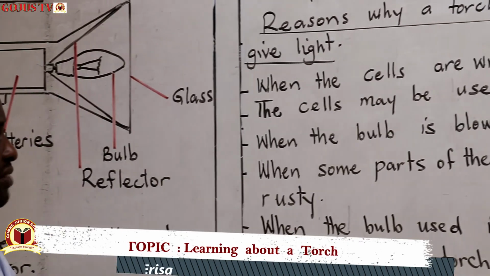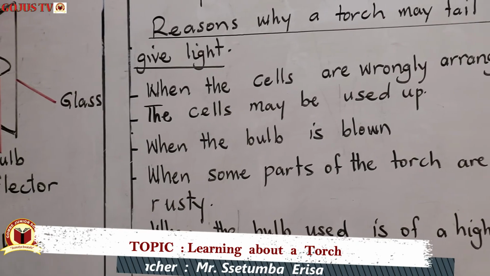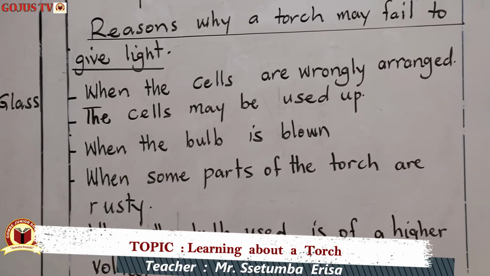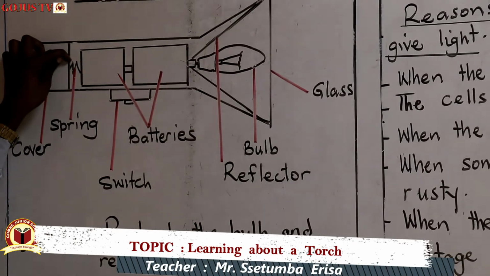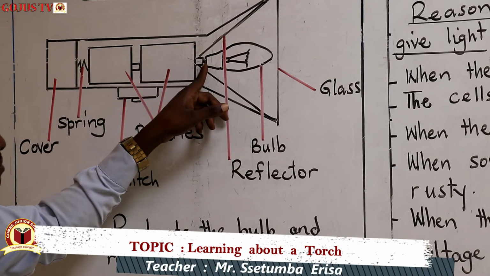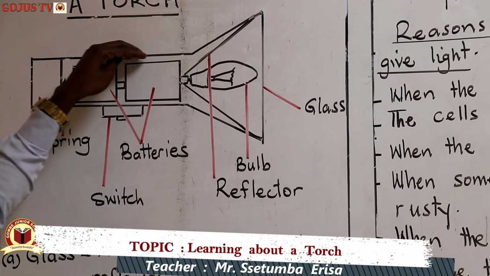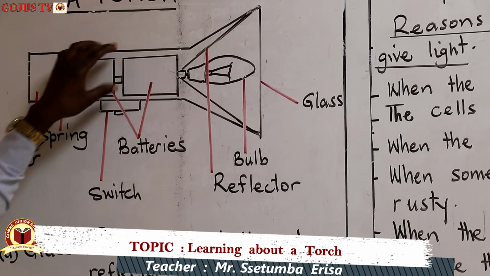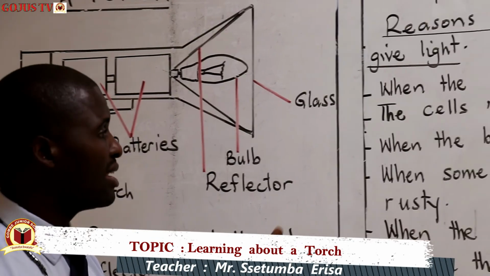When some parts of the torch are rusting. When something is rusty, for instance, these torches, in most cases, at the spring, there is a lot of rust. And also at the top between the bulb here and the cells, there is also some rusting. Even the walls of this torch, when they are rusty, electricity cannot flow through them easily.